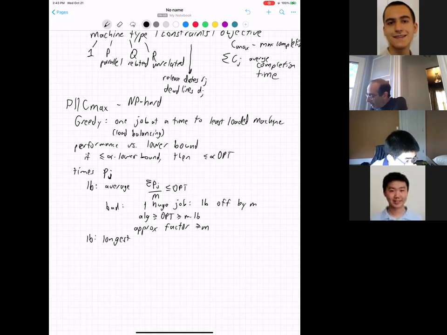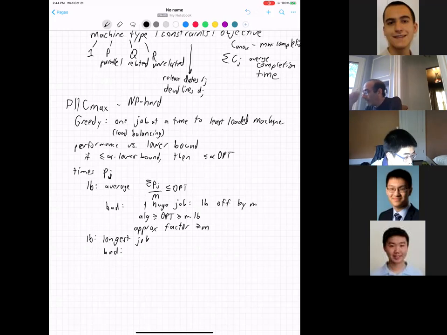Unfortunately, this lower bound is also bad. What would be a situation where this gives us a terrible bound that's very far from the optimum? Lots of jobs. Yeah, tons of tiny jobs. If I have these m machines and each of them is running a tremendous number of tiny jobs of size epsilon, this is optimal.